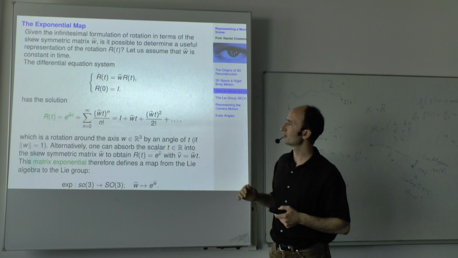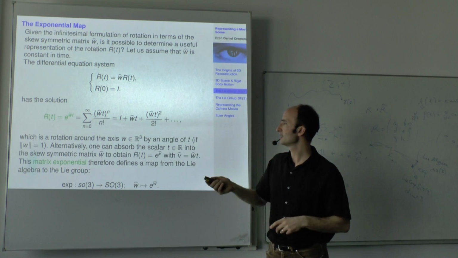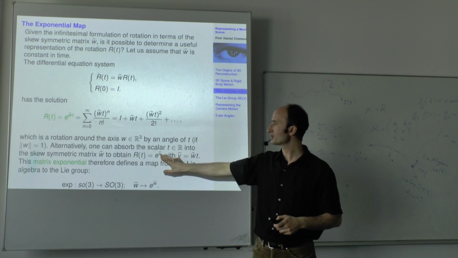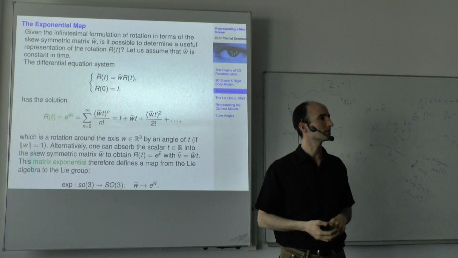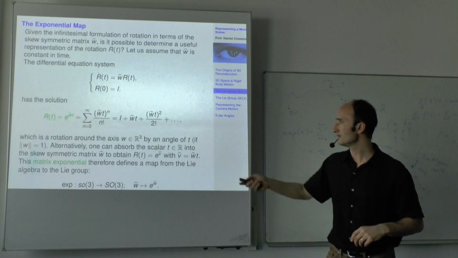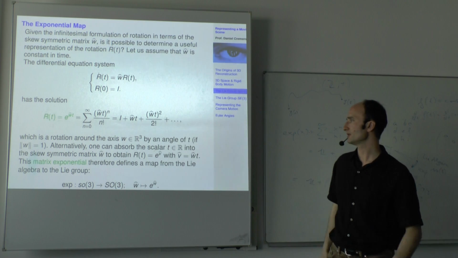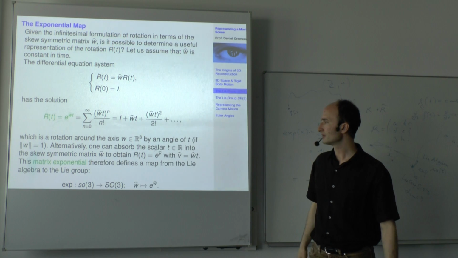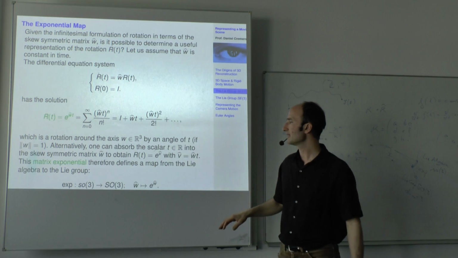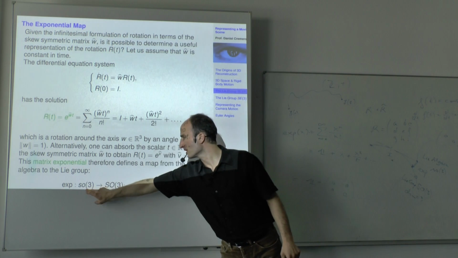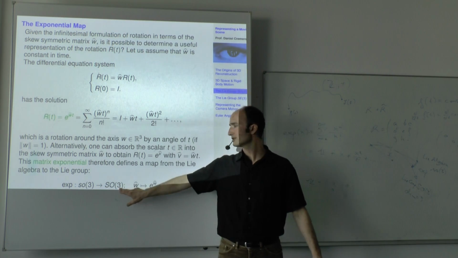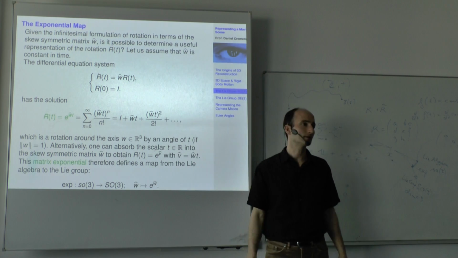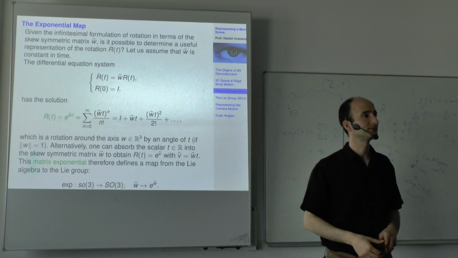Then this is no longer of unit length, but then you can say the rotation is the exponential of some skew-symmetric matrix V hat, where V hat is nothing but t times W hat. So there are different ways to represent that, but in short it basically means I can get from the skew-symmetric matrices to any kind of rotation by e to the power of W hat.